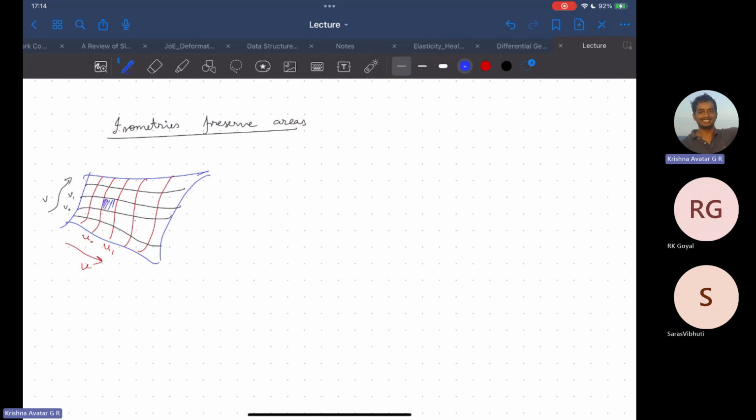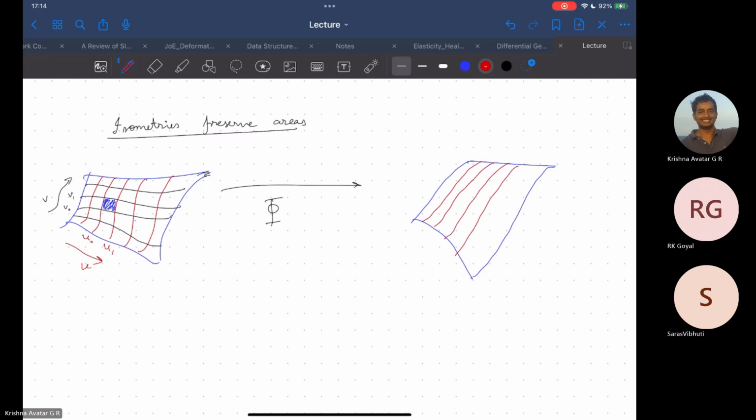This is the patch we are talking about. Now, if we map it to another such deformation, say something like that, and I'll take pains to have the same coordinate lines, and let's mark the equivalent, so u0, u1, and v0, v1. So we are talking about this patch.